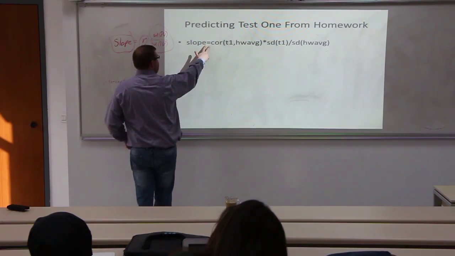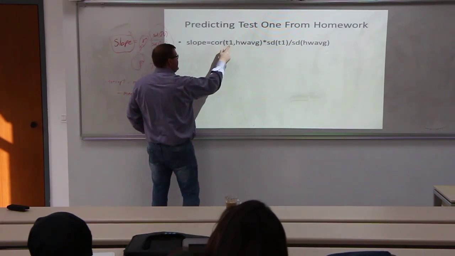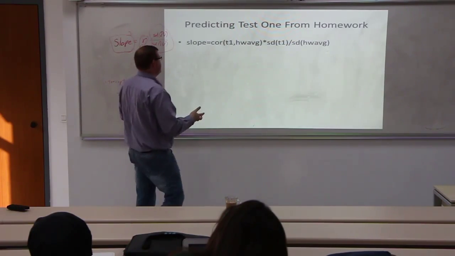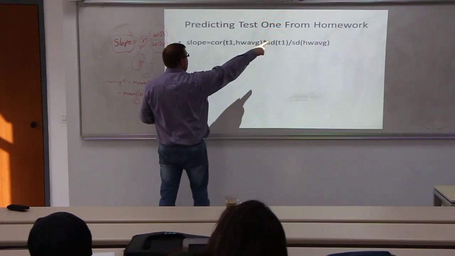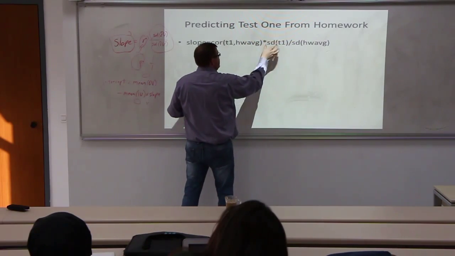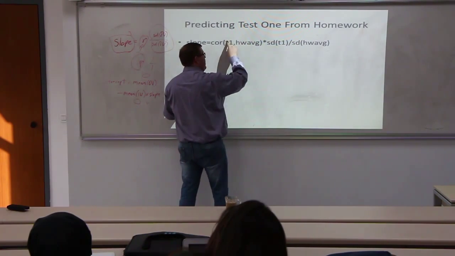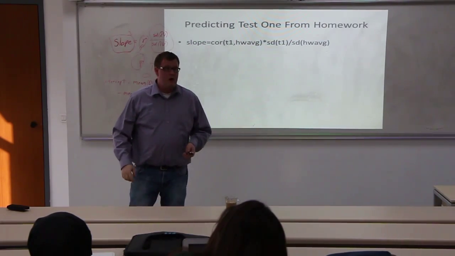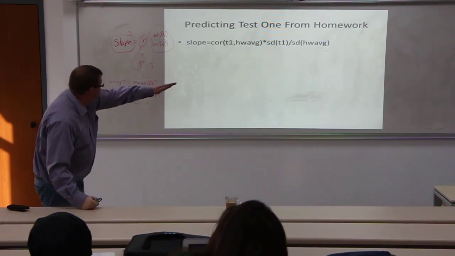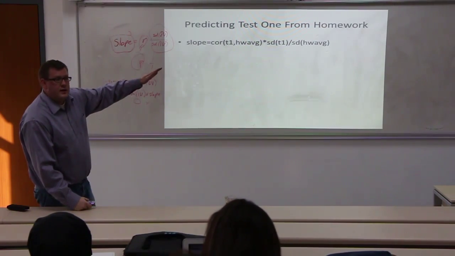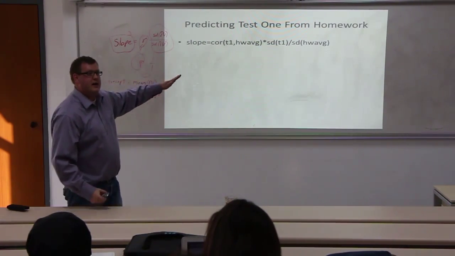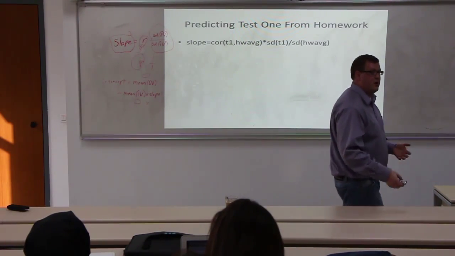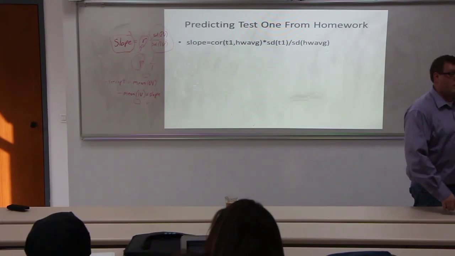So the slope is equal to the correlation between test 1 and homework times the standard deviation of test 1 divided by the standard deviation of homework. The standard deviation for homework is in the denominator because this is the one that we've already accounted for, the one we're using to predict the test 1 scores from.